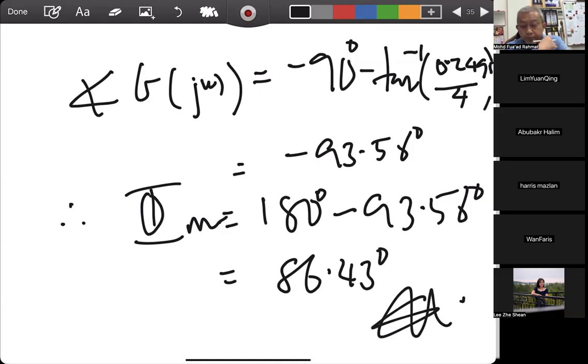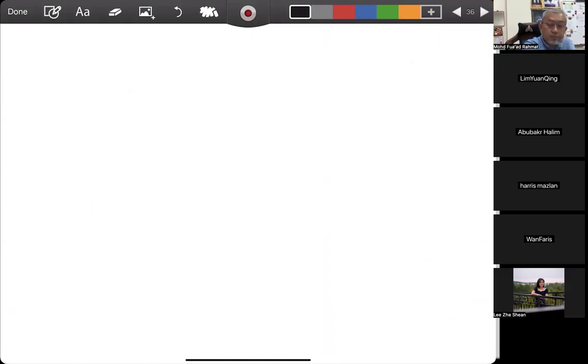For question number 2, you are given a block diagram with s. You need to plot this one.